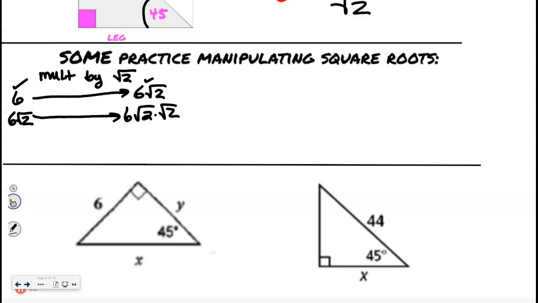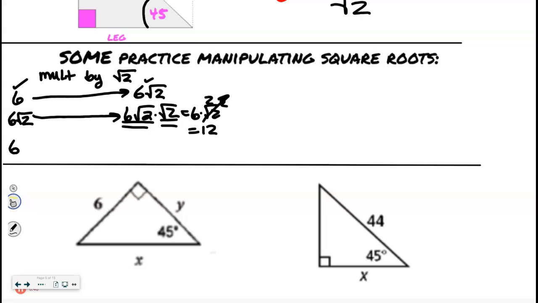If there's a root, I still need to multiply the original side by the square root of 2, which would be 6 times root 4, or 6 times 2, or 6 times root 2 squared, and these two undo each other. Either way, you get a 12.